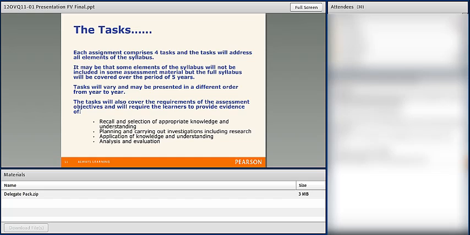So AO1 is recall and selection of knowledge and understanding, AO2.1 is planning and carrying out investigations including research, AO2.2 is the application of knowledge, and AO3 is the analysis and evaluation. And all of the tasks on the assignment will cover all of those assessment objectives.